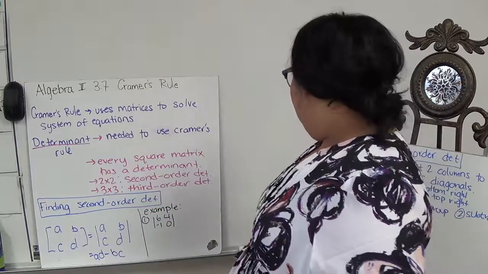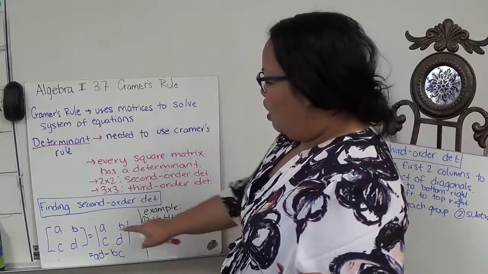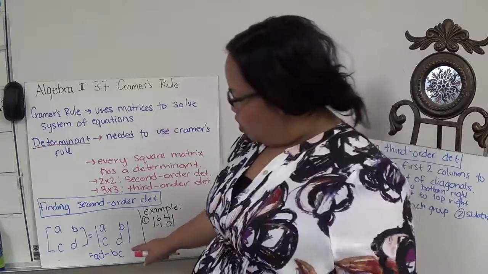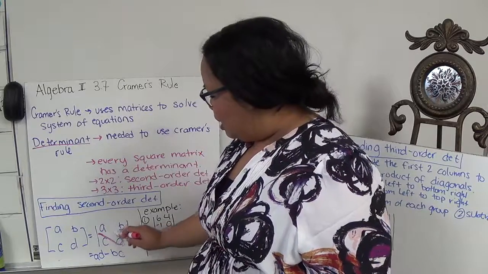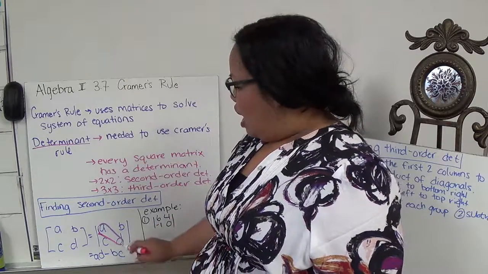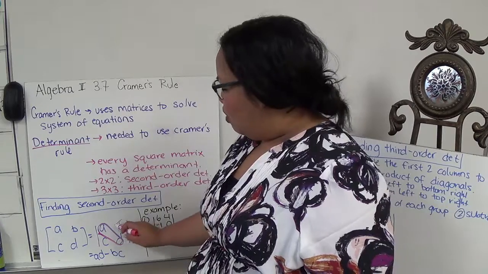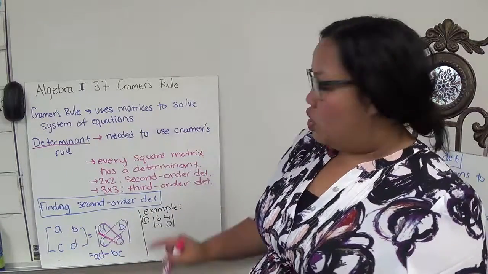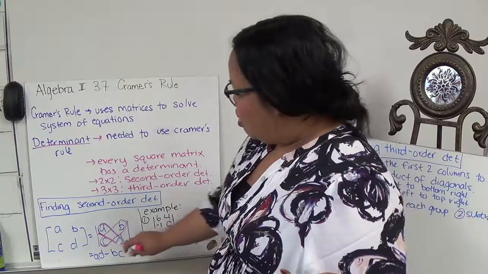The first one is basically I have a 2 by 2 matrix, and I'm going to multiply A times D, and then subtract from that B times C. It has to be A times D first. So first is top to bottom, then bottom to top.